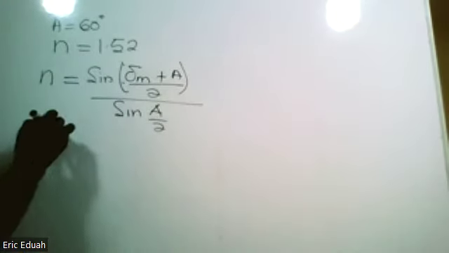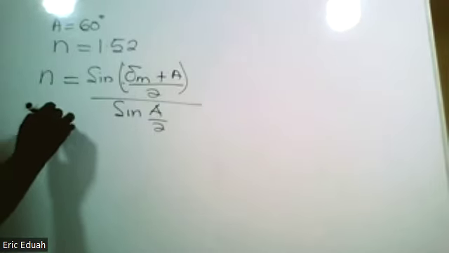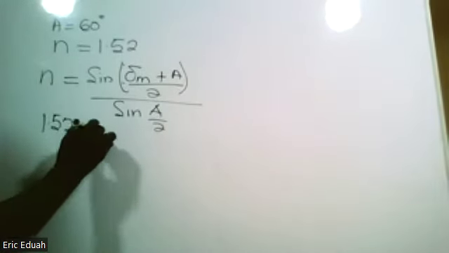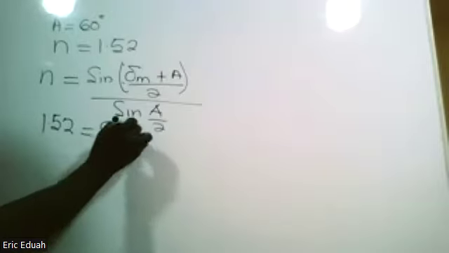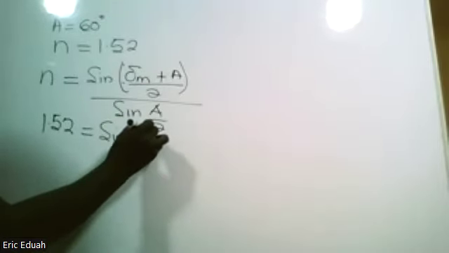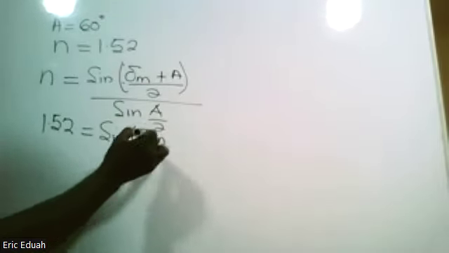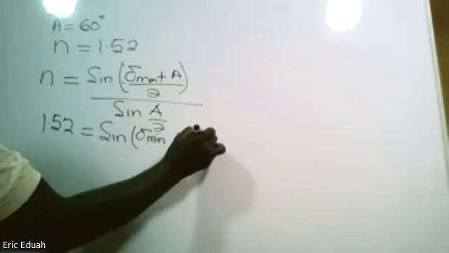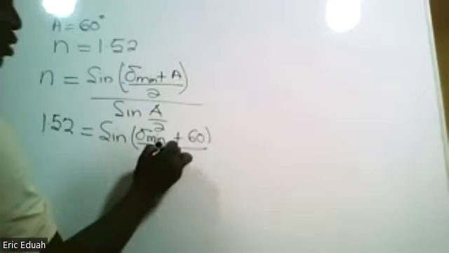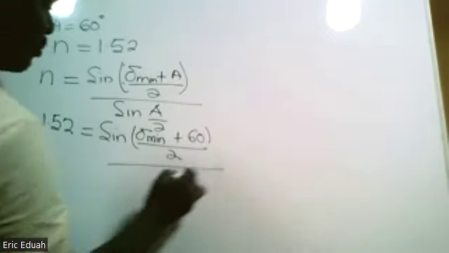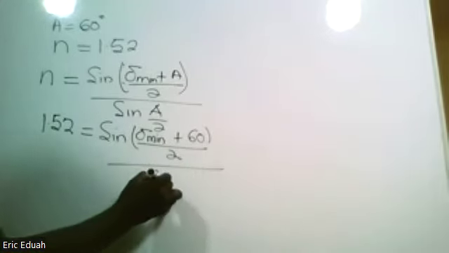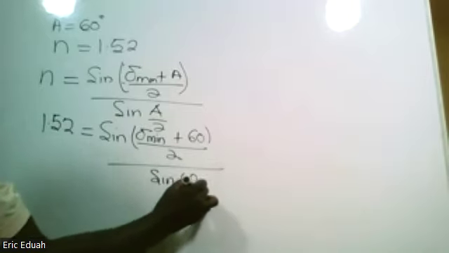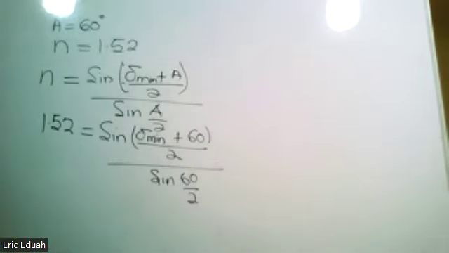So 1.52 is equal to sine of the minimum deviation, which is what we are looking for, plus 60, all on 2, divided by sine of 60 on 2, which is sine 30.